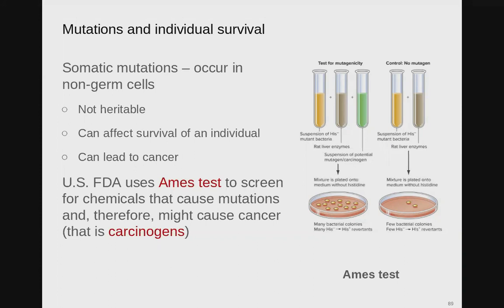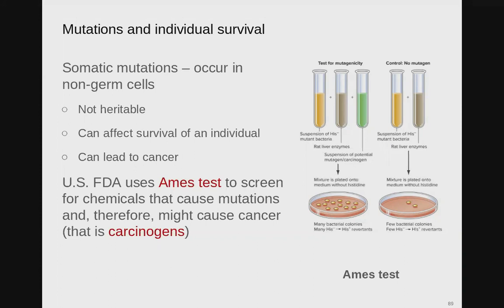Now, the USDA actually uses what we call the Ames test to screen chemicals that cause mutations and might cause cancers, i.e. carcinogens. They have controls where there's no mutagen, and they have a suspension of mutant bacteria with liver cells and a potential carcinogenic substance. Then they plate it onto a petri dish together.